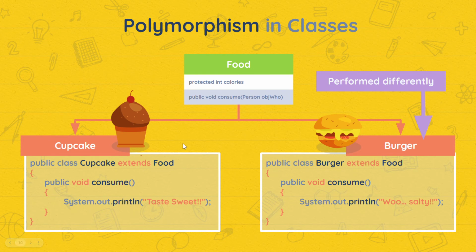For example, for the cupcake, you print out that it tastes sweet. But for the burger, when you run the function consume, it will do a different set of actions. You say it's salty. So this is an example of how each class, after inheriting some of the traits, can perform differently.